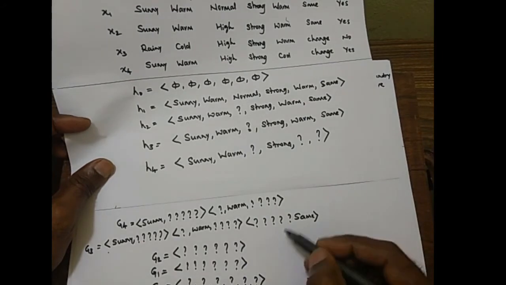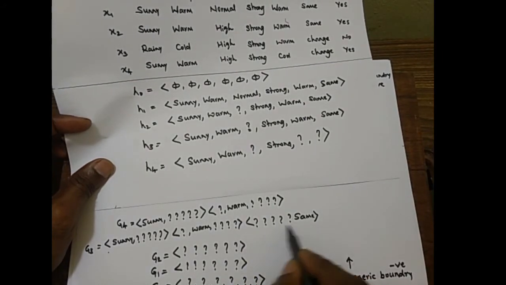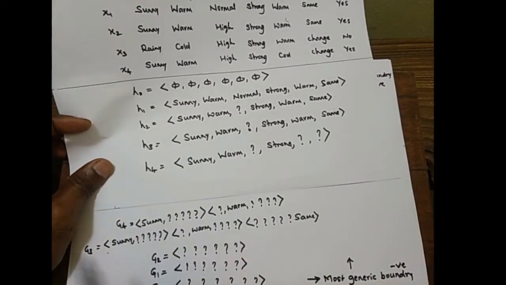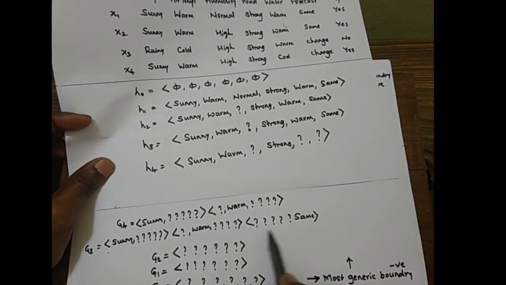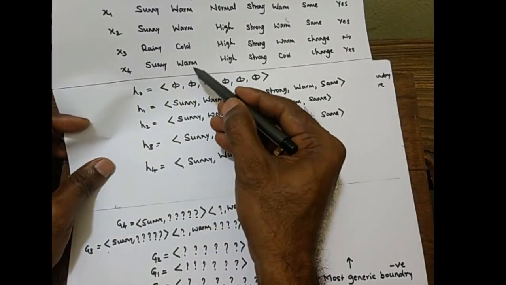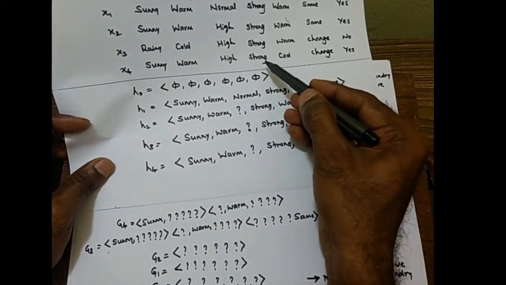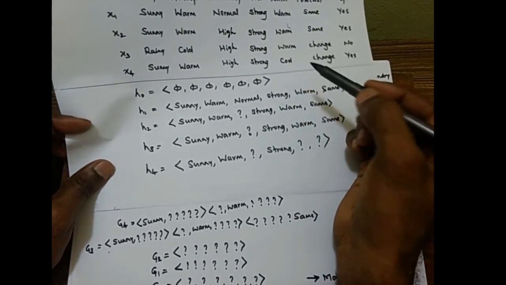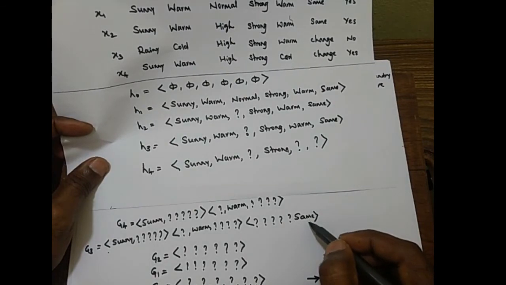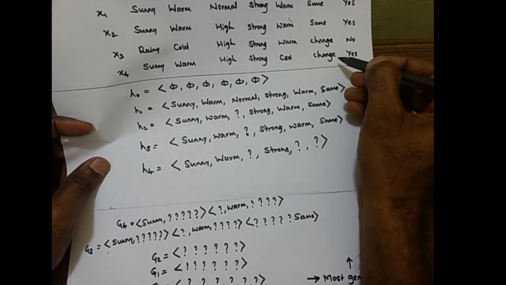Next, if we consider this hypothesis and it is compared with X4, the first 5 attributes can be anything. So Sunny can be taken, warm can be taken, high can be taken, strong can be taken, cold can be taken. If you see the last one, that needs to be same. But if you see here, it is change.